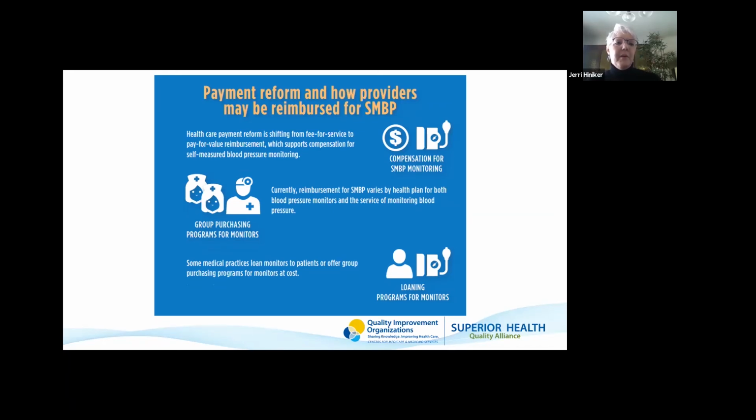It talks about how healthcare reform is shifting from fee for service to pay for value reimbursements, which I'm sure you're all aware of. But this supports the compensation for self-measured blood pressure monitoring. Elena talked about that last week, and we were talking a little bit about that at the start of the call too, some different ways with billing that you want to make sure your billers are aware of, so you can get reimbursed for these programs.